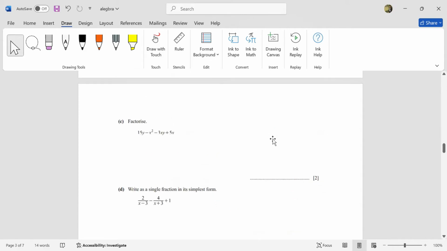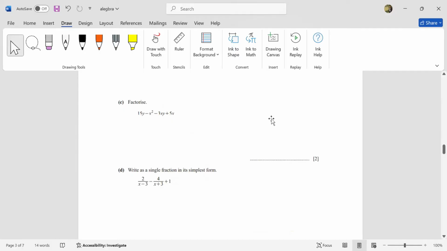Okay, again, a factorization question. 15y minus x square minus 3xy plus 5y. Let's arrange it first.